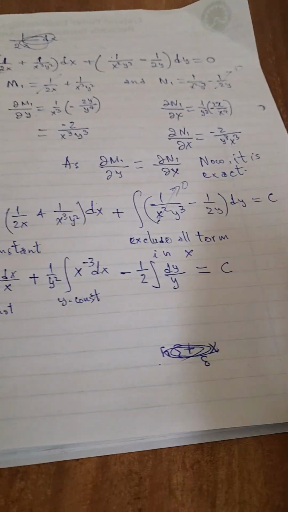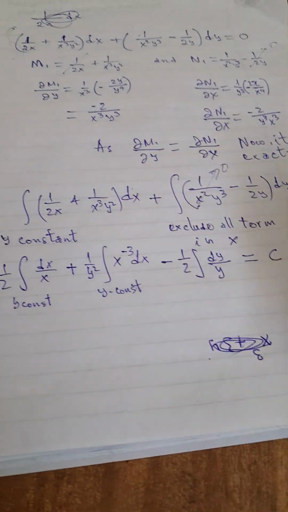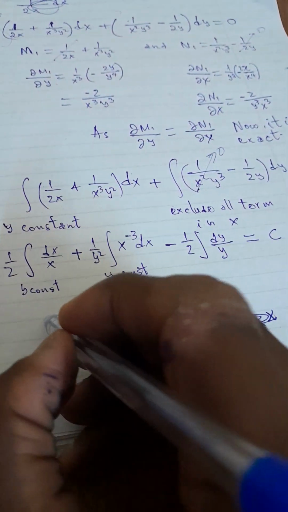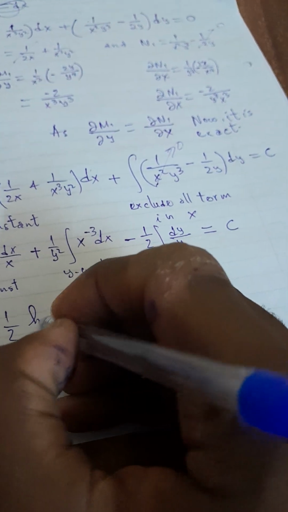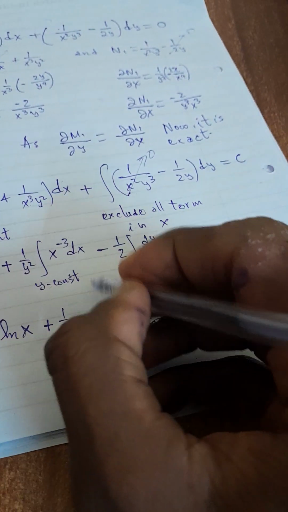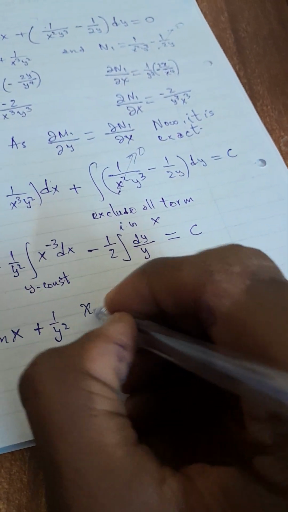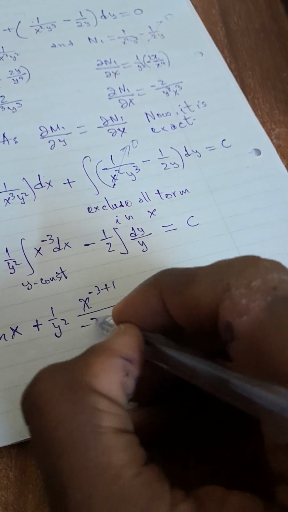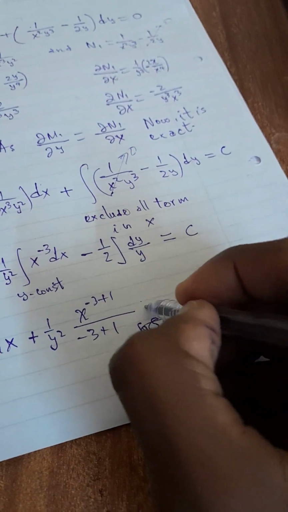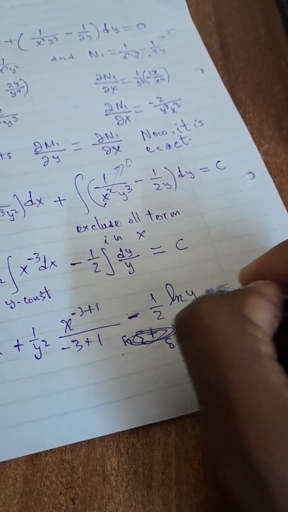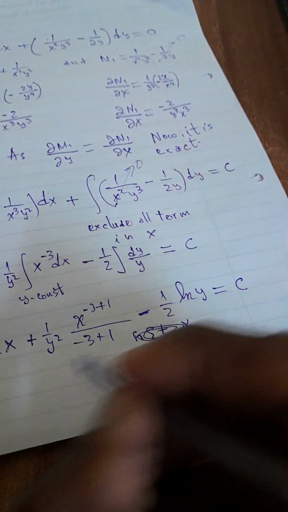So what will it be? That's the point. Just find this integration and you are done. It will be 1/2 ln x plus 1/y^2 times x to the power of (-3+1) over (-3+1), minus 1/2 ln y, equal to c.